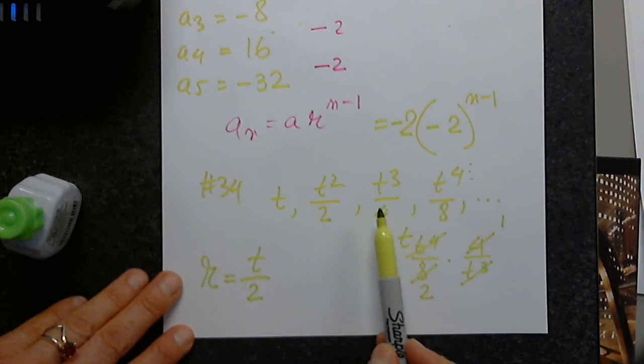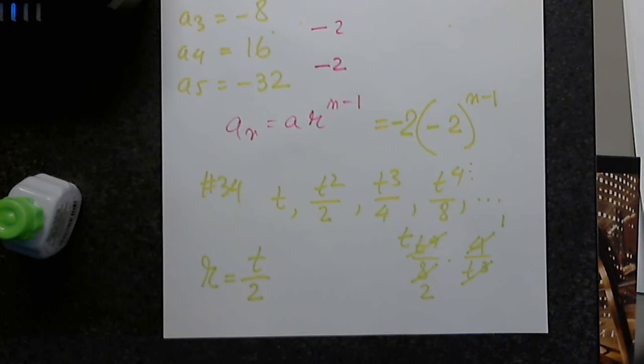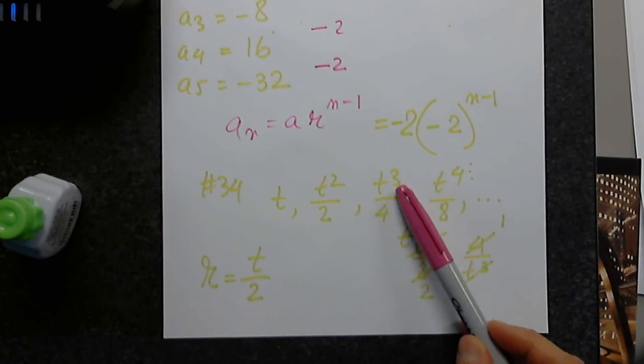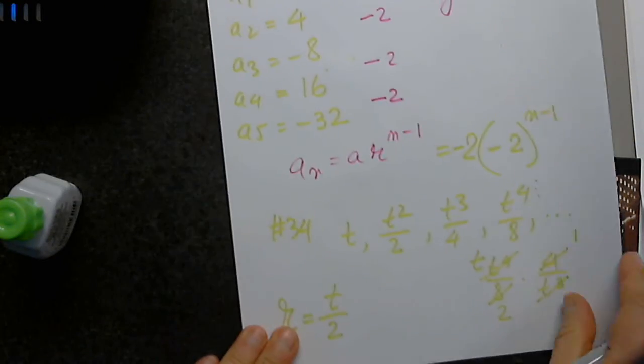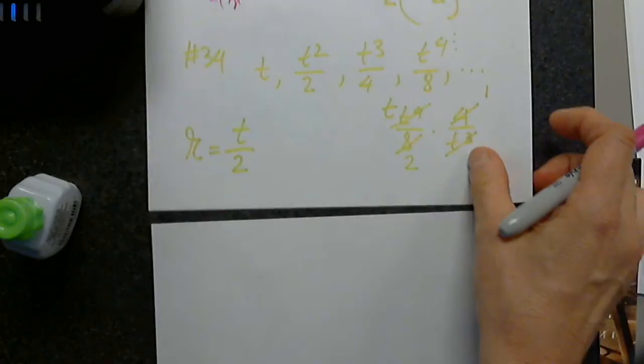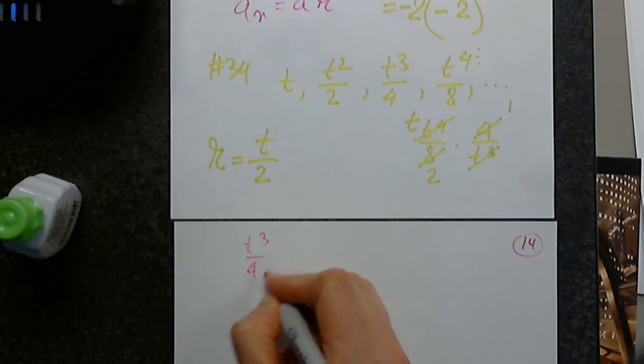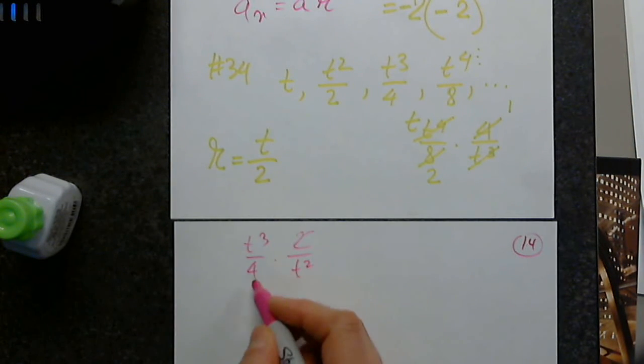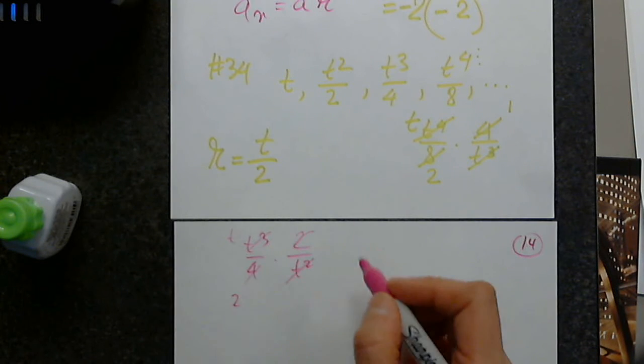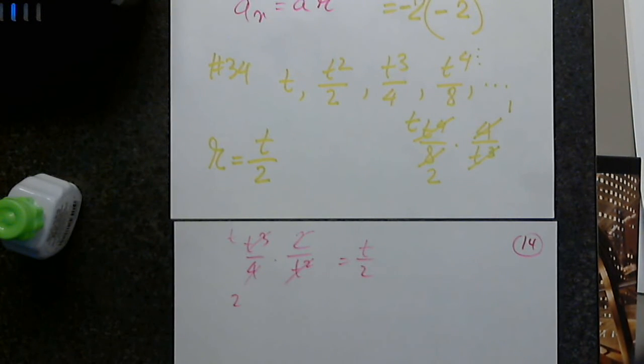I still have to check just to make sure, although I'm told they are geometric, so there is no discussion here. Just making sure. T to the 3rd over 4 times 2 over t squared. I simplify, and yes, I get t over 2 again.